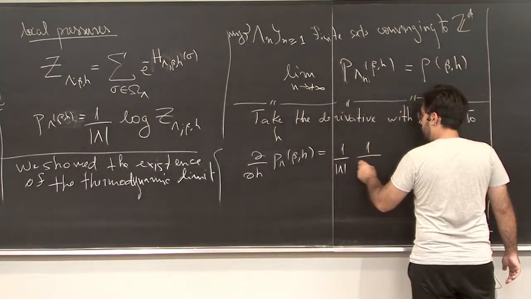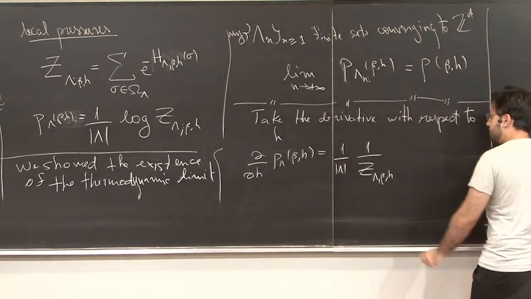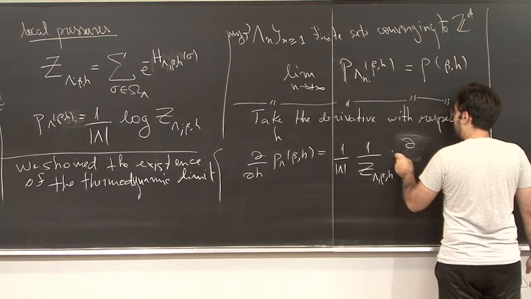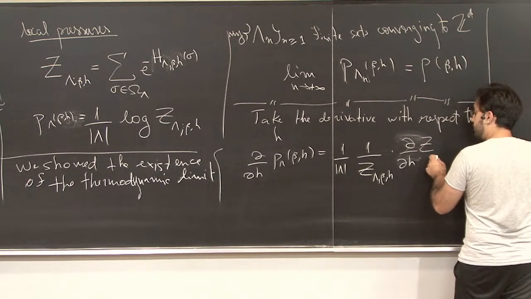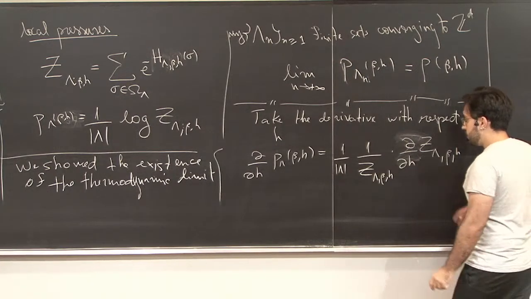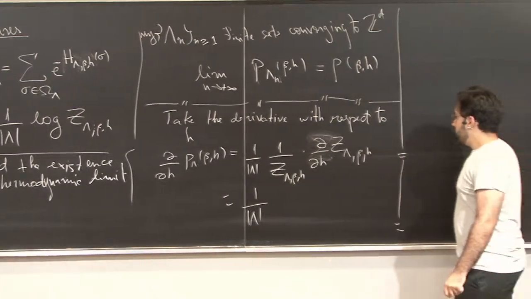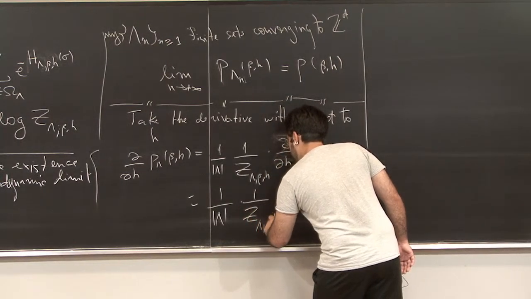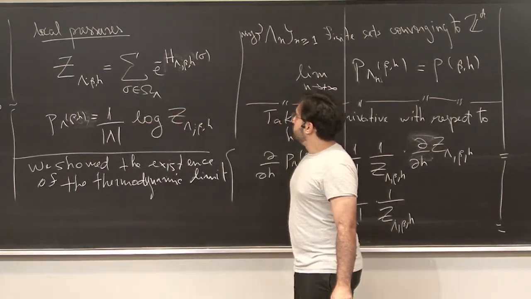So you get 1 over the partition function, beta h, times the derivative in h of the partition function, beta h. And this is 1 over Lambda times 1 over the partition function. And here we just have the expression.